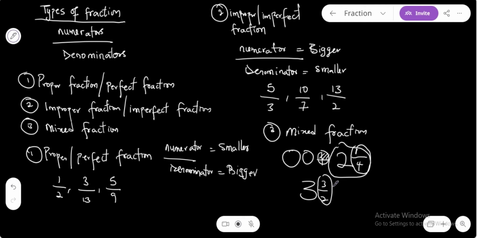So a mixed fraction must contain a whole number and a perfect fraction. Another example of a mixed fraction: we have 3 whole and then 2 over 5. Another example, 8 whole and then 3 over 7, right? You can list as many other examples in the comment section.